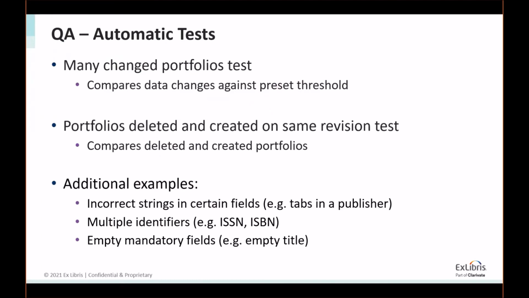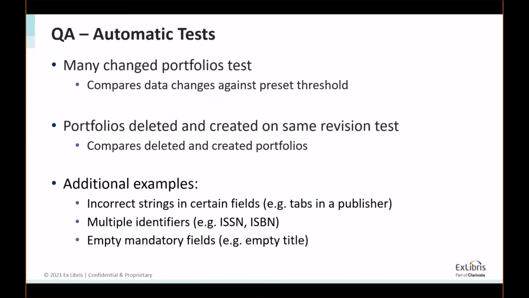I put here some more examples of QA tests that we take to ensure again the integrity of the data, that everything is working as it should. So the first one that I want to show you is the mass change portfolio test.